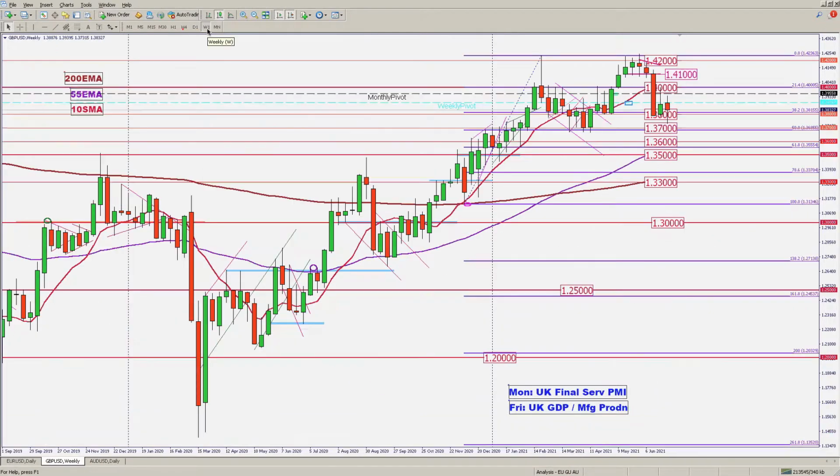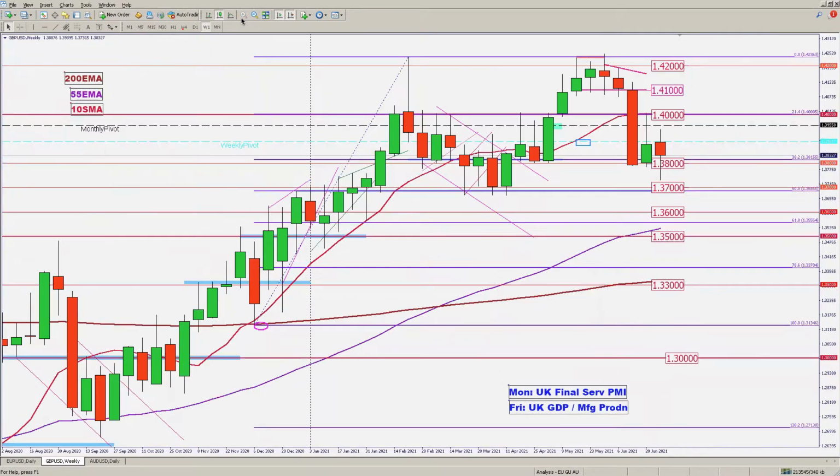And let's also take a look at the weekly time frame, where there's still some room to drift lower, but this is the key support at the 137.